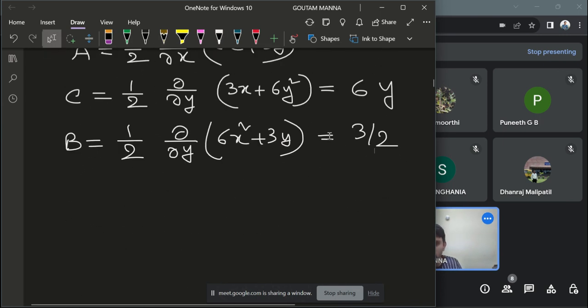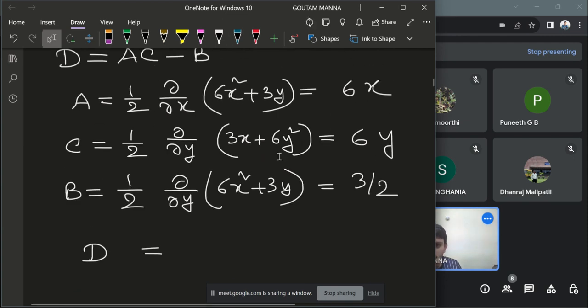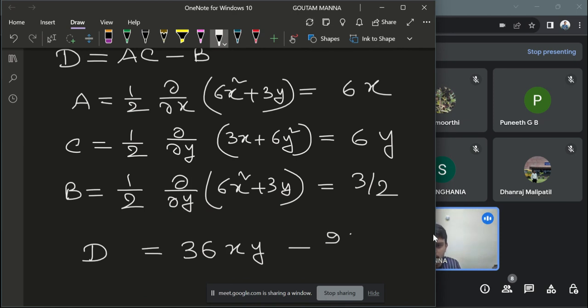Okay, so the value of this discriminant is AC minus B square, so that is 36xy minus 9 by 4.